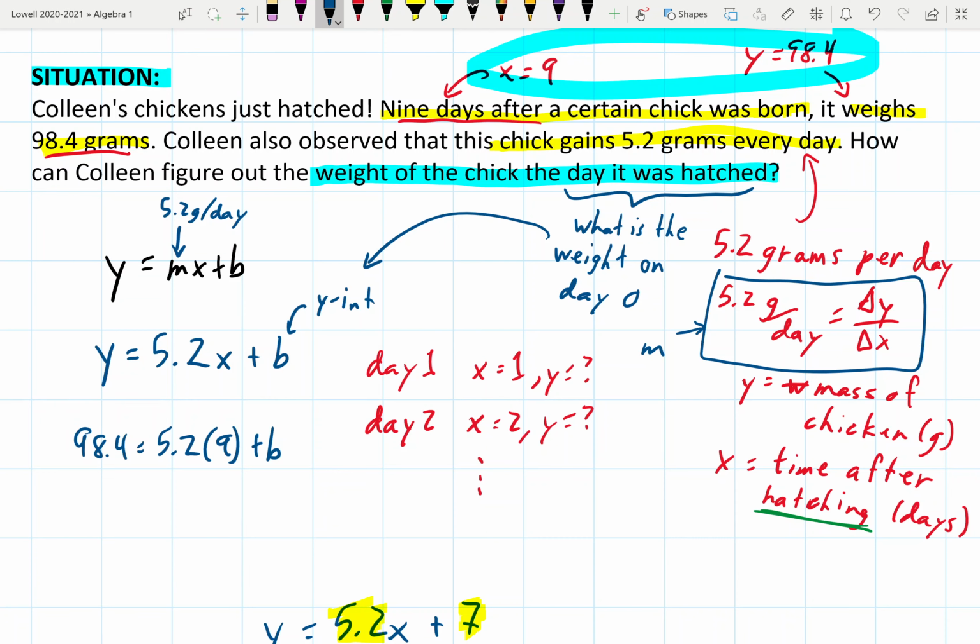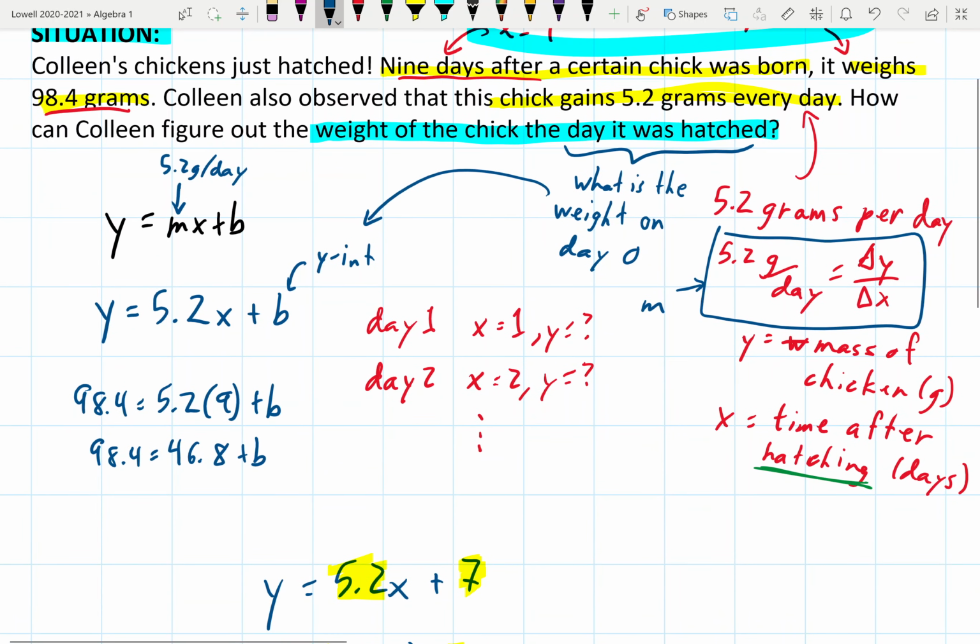With my handy dandy calculator here, because there's little decimals that make my brain hurt, I got 46.8 plus b. And if I subtract 46.8 from both sides, we should get 51.6 grams for our y-intercept.